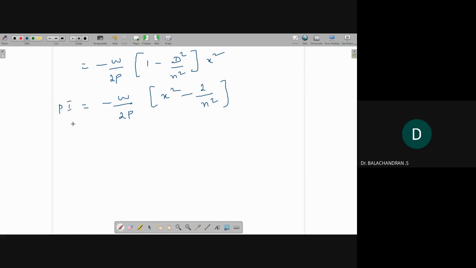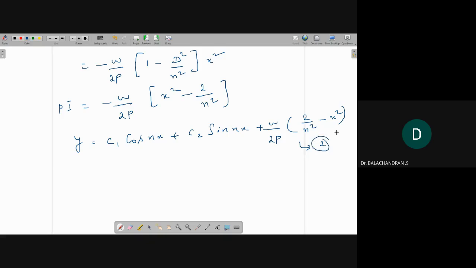So final answer y equal to c1 into cos nx plus c2 into sin nx, I will take minus commonly, minus omega by 2P into x square minus 2 by n square. I call this equation number 2.